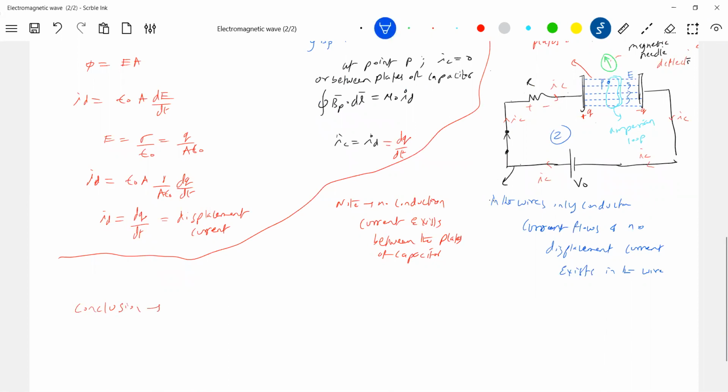Therefore, a varying electric field produces a magnetic field. So what is the source for the magnetic field between the plates? A varying electric field between the plates. Fine. A varying electric field produces a magnetic field.